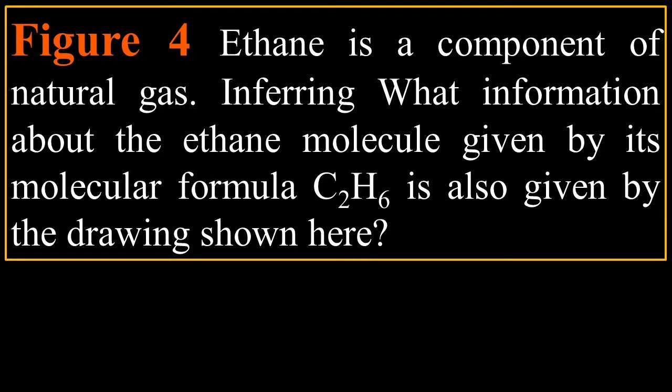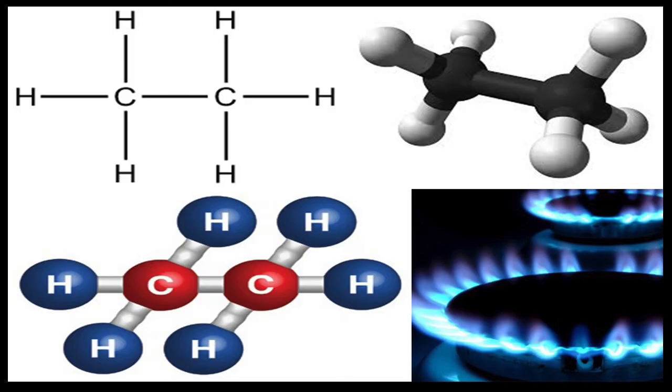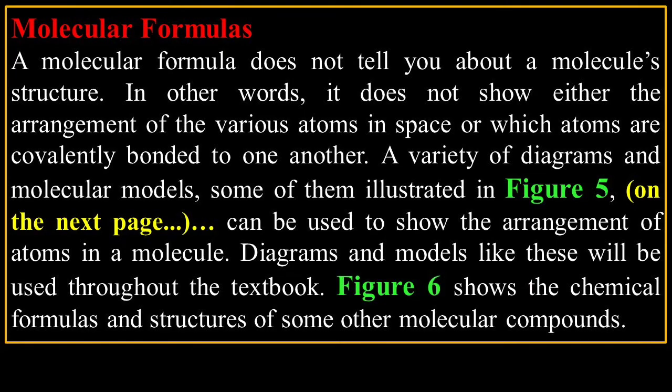What information about the ethane molecule is given by its molecular formula? C2H6 is also given by the drawing shown here. Ethane can be expressed in structural formulas. It shows which atoms are bonded together, and then you see the flame, the blue flame, which is characteristic of natural gas. On the next slide, we'll talk about different ways of expressing formulas.